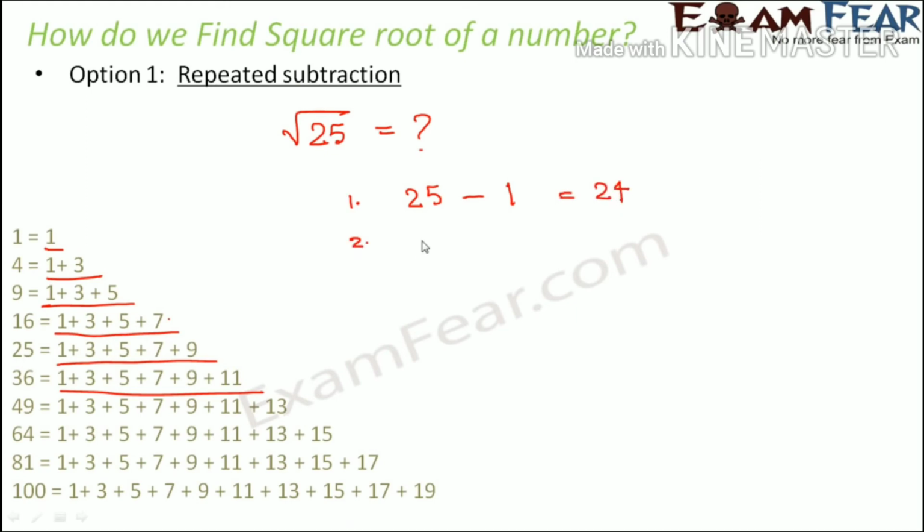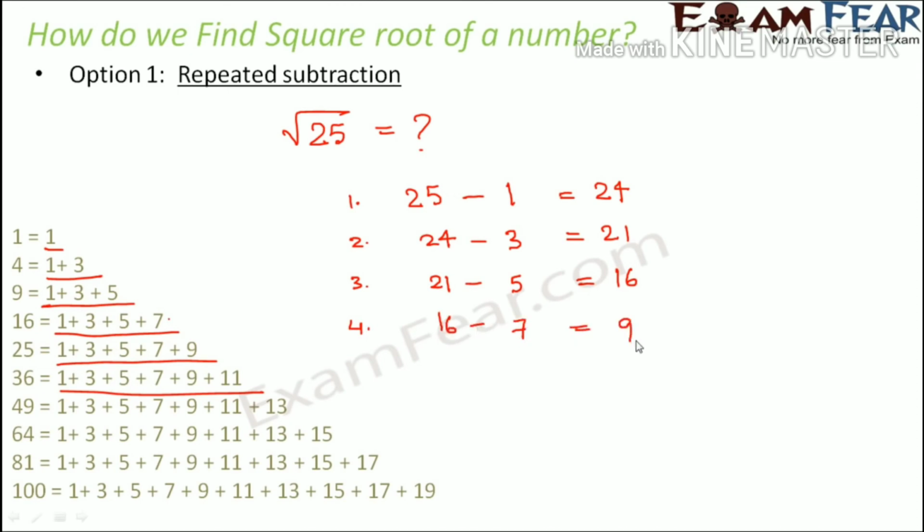In the second step, we subtract the next odd number, which is 3, from the result of step 1. So 24 minus 3 is 21. In the third step, we subtract from 21 the next odd number, which is 5. So this becomes 16. In the fourth step, we subtract from 16 the next odd number, which is 7.